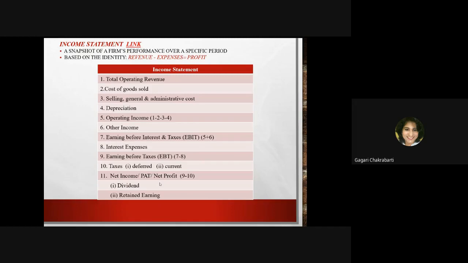For example, a salaried person will be having his or her salary plus some other income coming from other sources, say bank interest, capital gains, and something like that. So when the income tax is calculated, the salary as well as other incomes will be added on to find out the taxable income. Exactly the same thing will be done in the context of the firms.